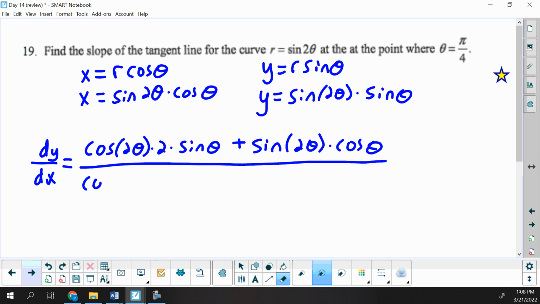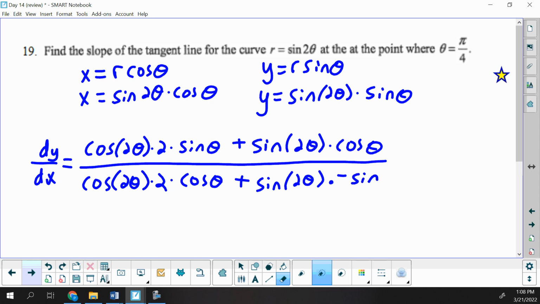So to start out, it'll be the same. The derivative of sine 2 theta will be cos 2 theta times 2, but now times regular cos theta, plus we'll have our regular sine 2 theta times the derivative of cosine, which is negative sine theta.